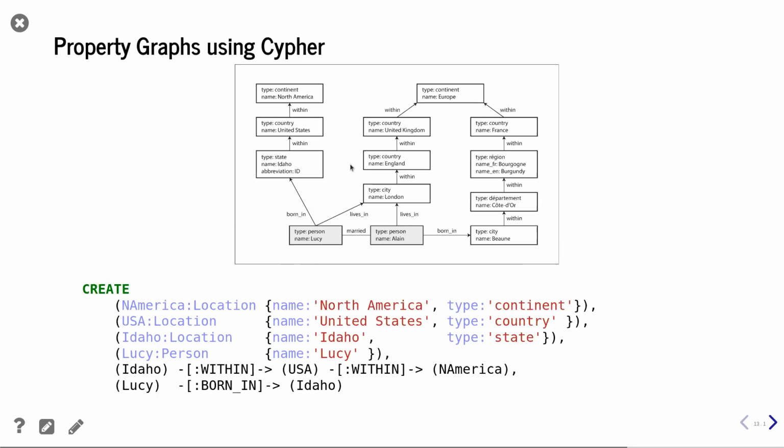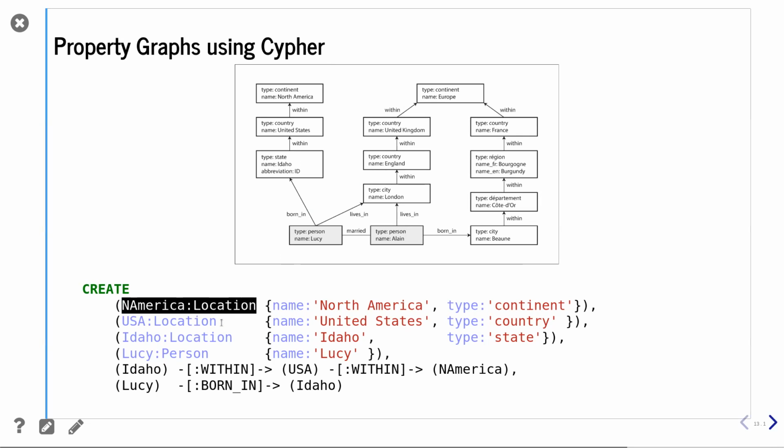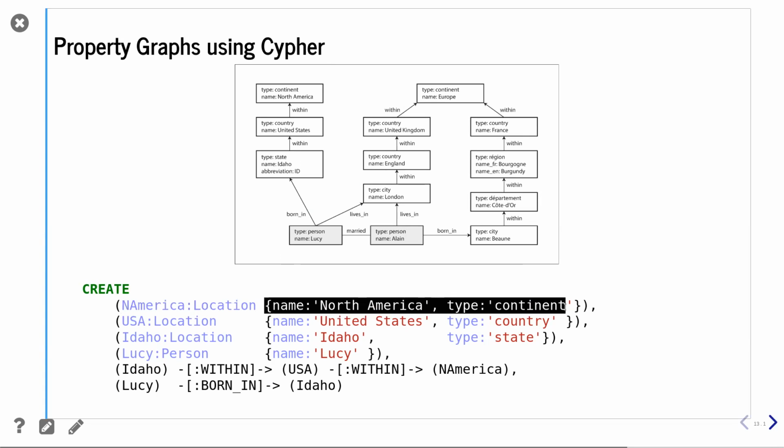Now, if you want to create this graph in Cypher, it's really easy. You just specify a few of the attributes. So you say create, you provide a label here, North America, location, and then a property JSON or key value pair. So here we are providing a name, North America, and type continent. So this will create this vertex.